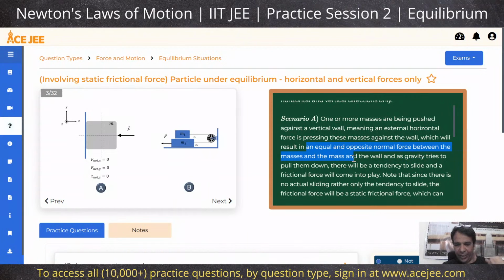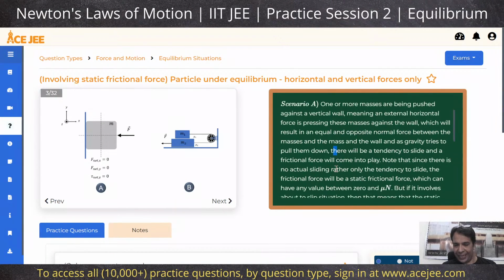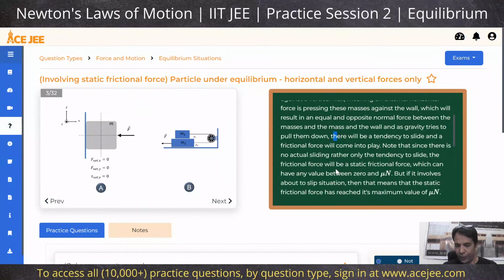And as gravity tries to pull them down, there will be a tendency to slide and a frictional force will come into play. Note that since there is no actual sliding, rather only the tendency to slide, the frictional force will be static frictional force, which can have any value between 0 and mu N, something we have discussed in the previous class as well.